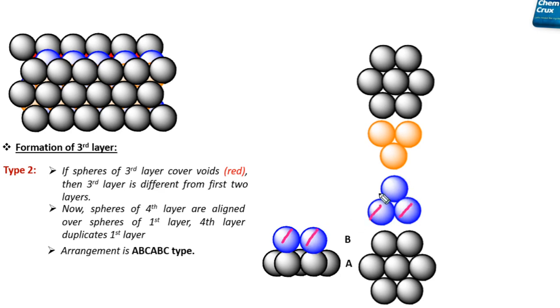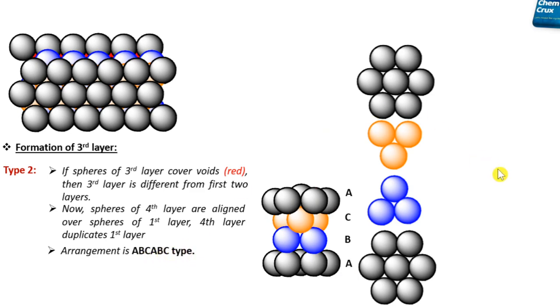This sphere is at the back, so you cannot see it while viewing from the front, right? Now adding the third layer of type C, and finally the fourth layer, which will align with the spheres of the first layer, that is of type A. So we'll get the ABC ABC type of arrangement, correct?